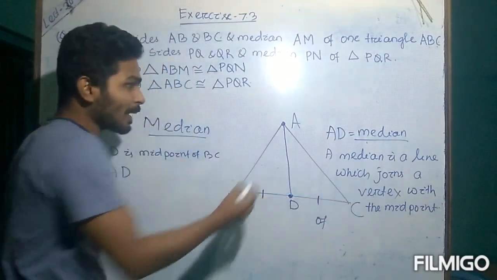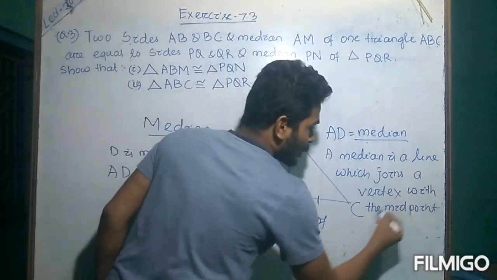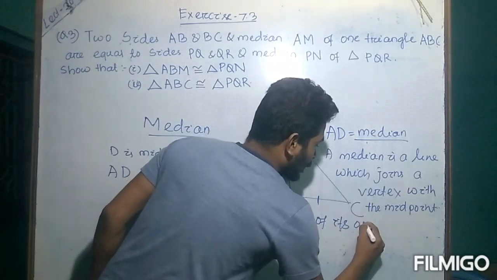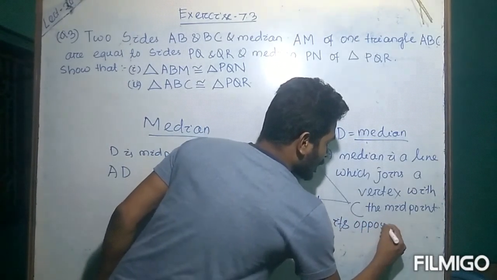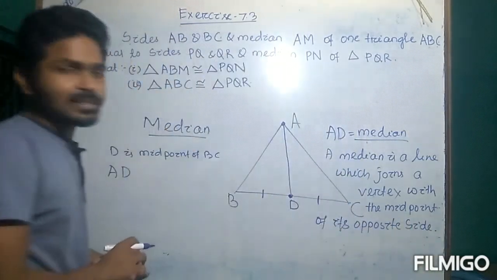It should be kept in your mind: the opposite side, the midpoint. A median joins a vertex with the midpoint of its opposite side. Do you get this?